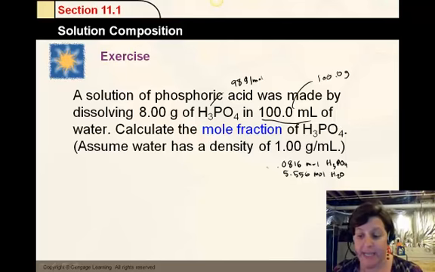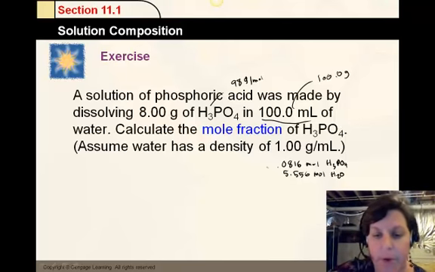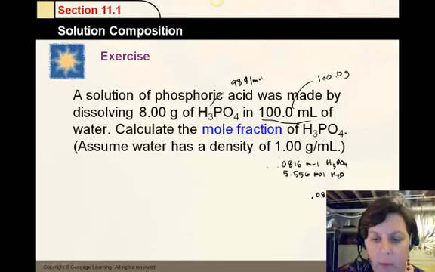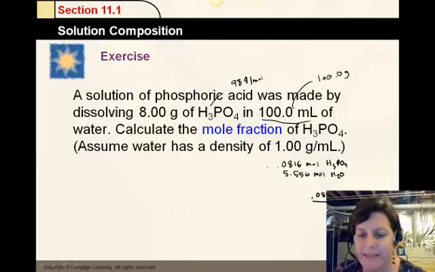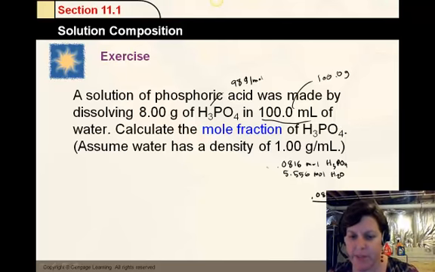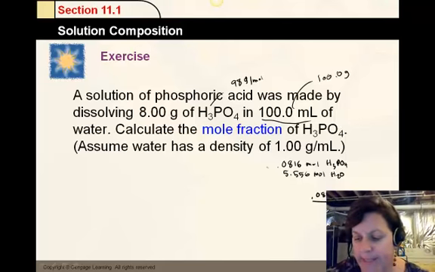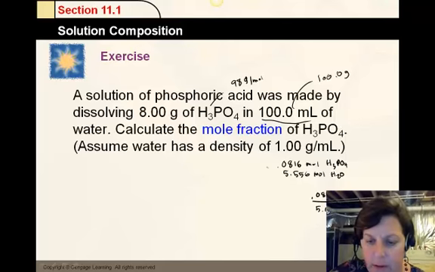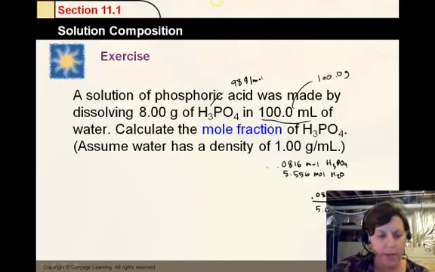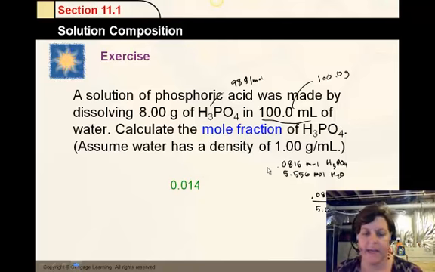When I did the calculation, what I would do is I would put 0.0816 moles over the sum of 5.56 and 0.0816, because it's of the total moles of solution. So 5.637 moles. When I work it all out, I get 0.0145 as the mole fraction.